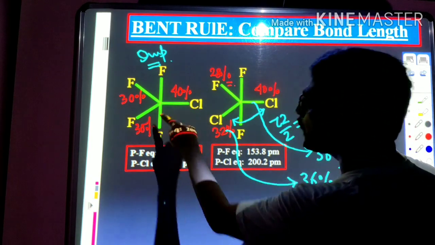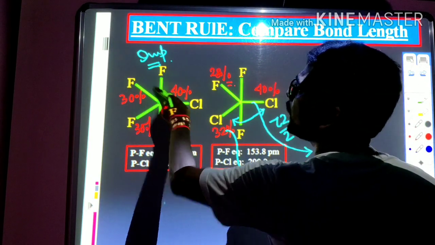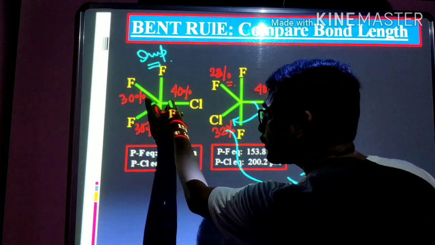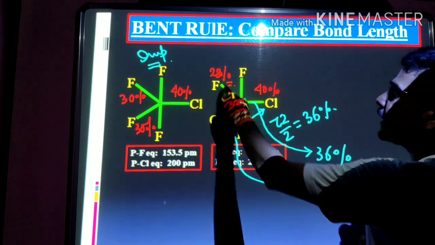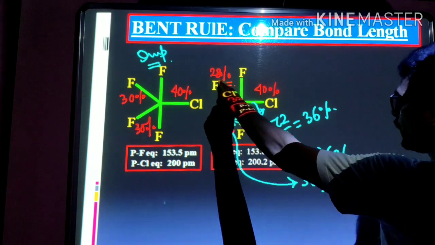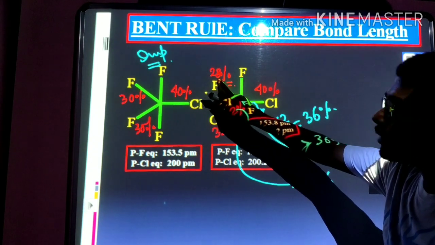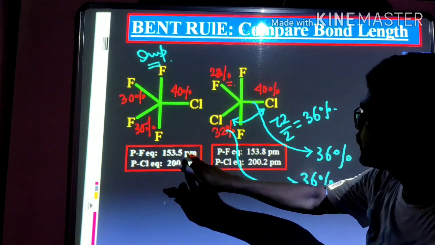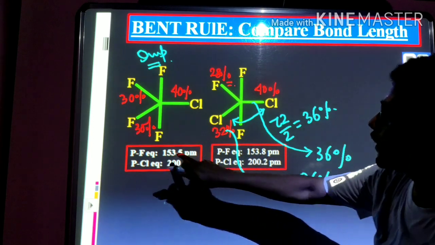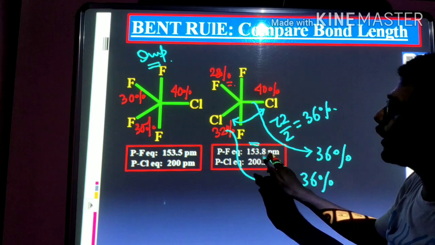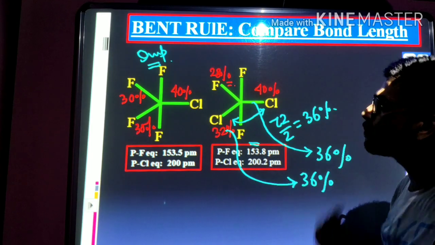Okay. Now you look at the bond. See, initially the PF bond percentage of S character was 30% in this structure. Now from here to here in this structure it is 28%. So the percentage of S character decreases, means bond length will increase. See, 153.5 to 153.8. No problem. Perfectly alright.